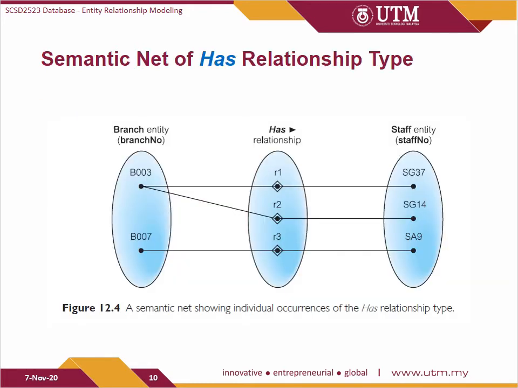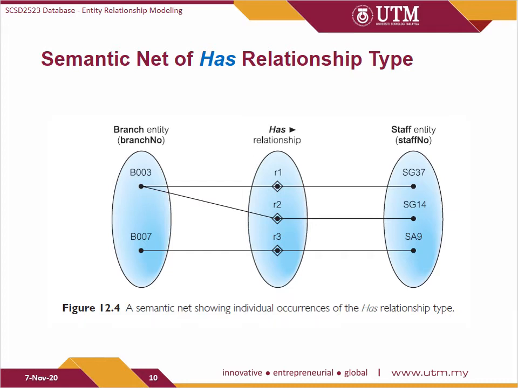This is the example of semantic net view of the relationship. Consider a relationship type called has, which represents an association between branch and staff entities, that is, branch has staff. Each occurrence of the has relationship associates one branch entity occurrence with one staff entity occurrence.